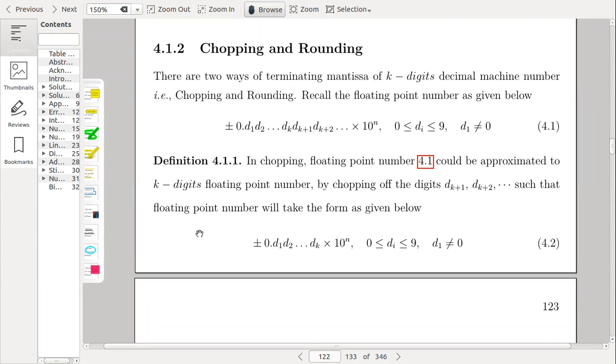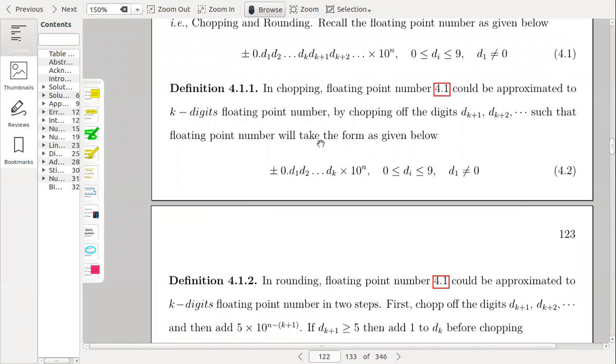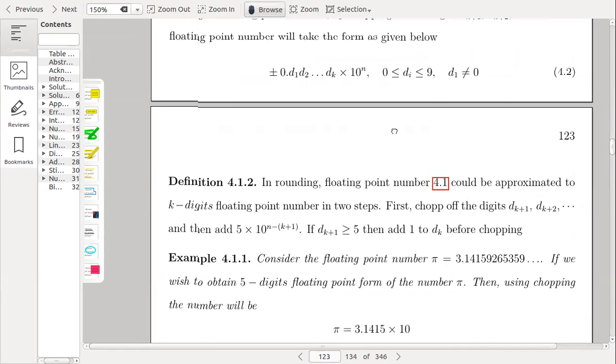Such that the floating point number will take the form given below. After chopping, this number will become plus minus 0.d1, d2, so on, dk multiplied by 10 power n, where di lies between 0 and 9, and d1 is not equal to 0.